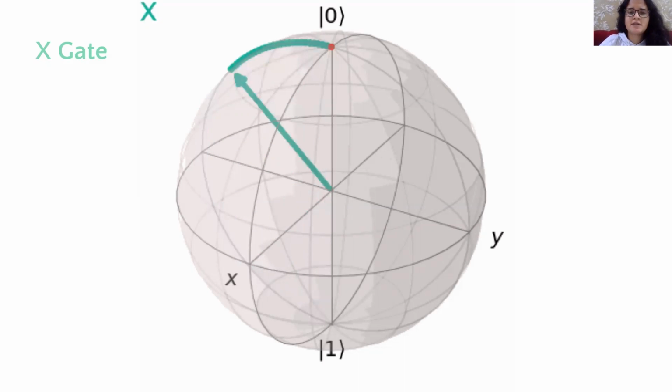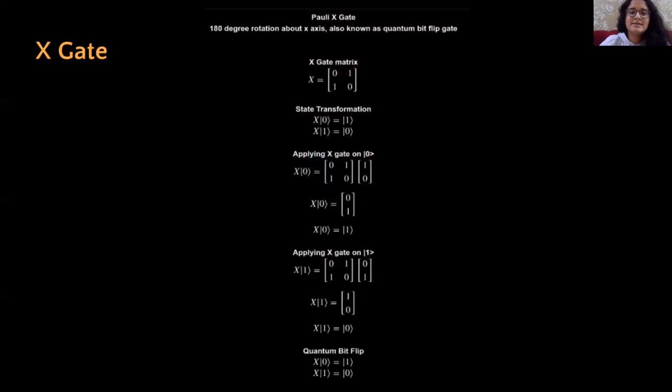But if we want to look at it as a matrix that will transform ket 0 to ket 1, this is the matrix that does the job of a 180-degree rotation about the x-axis, which transforms our ket 0 state to ket 1 and our ket 1 to ket 0 state, which we can observe by opening the multiplication into multiple steps. When we apply the X gate on ket 0, we do indeed get ket 1.